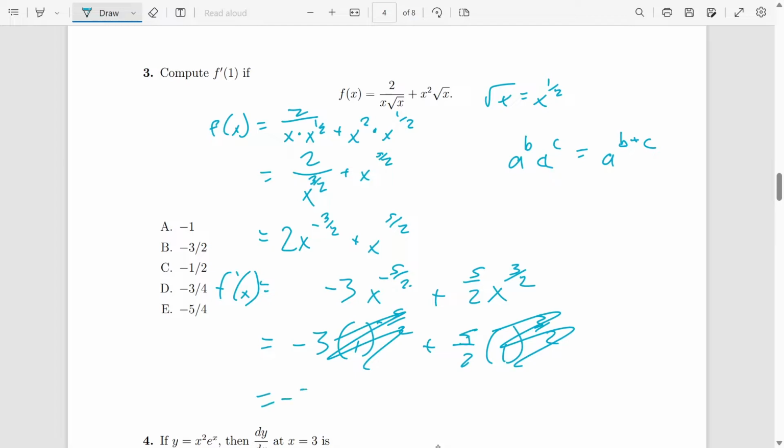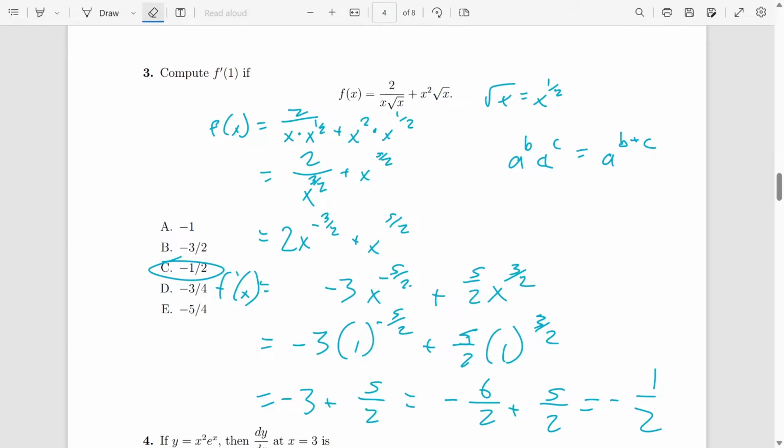And we get negative 3 plus 5/2, which equals negative 6/2 plus 5/2, which equals negative 1/2, I believe. There we go, C. Okay, for a second I thought I did something wrong there, but I found it.